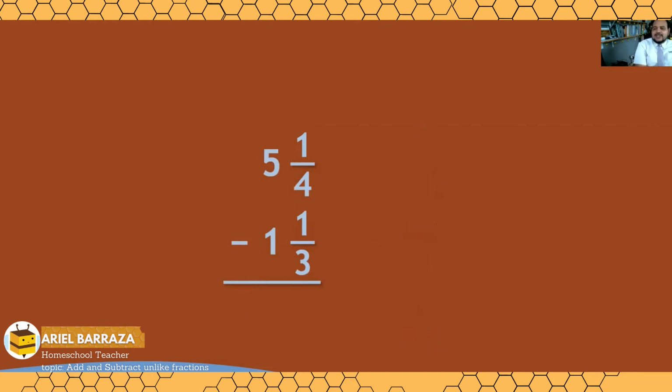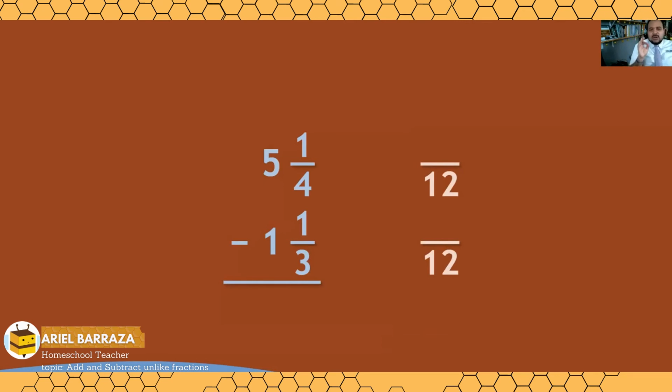Another example, who may tell me easily by using the same strategy. What is the common denominator between 4 and 3? Because I have 5 and 1/4 minus 1 and 1/3. Thinking by multiplying, remember I did it before, that is the strategy, 12. So I need to change both of the fractions to 12. Remember, if you are dealing with mixed numbers, you don't need to touch the whole numbers. You don't need to multiply the whole numbers.